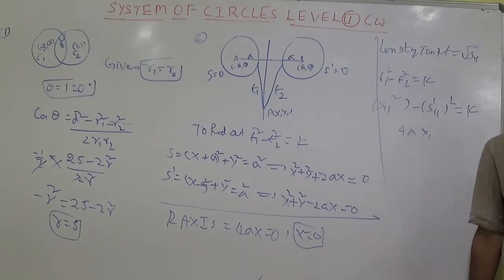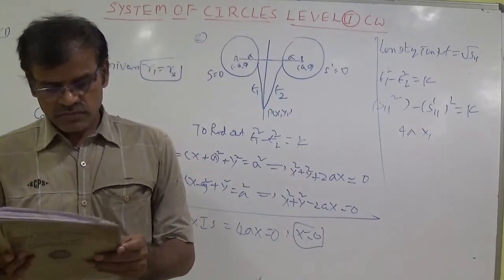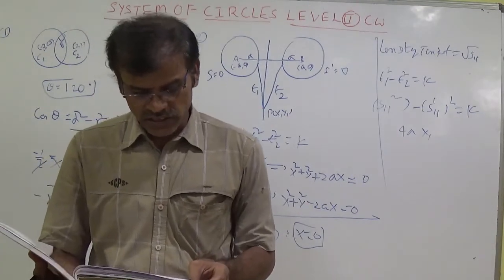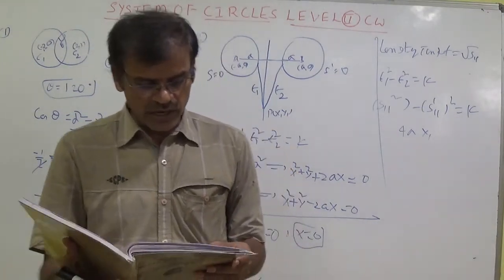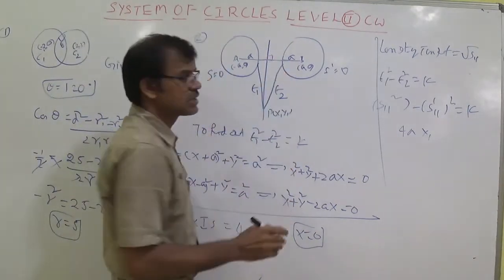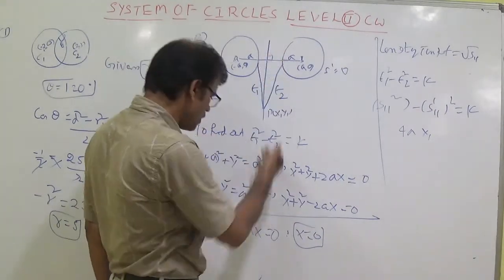Now let us see the options. 4ax1 and 4ax we got. The locus: he is asking whether it is a circle. It is not a circle at all. It is a line perpendicular to the line joining the centers, which means it is parallel to the radical axis.